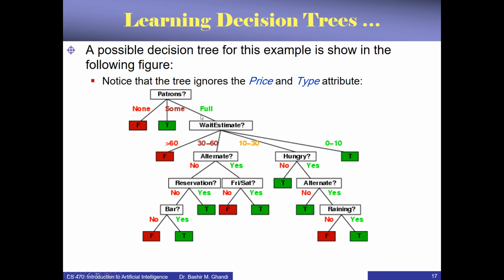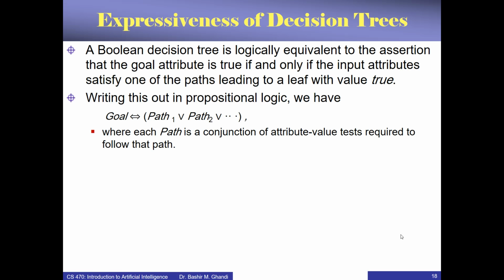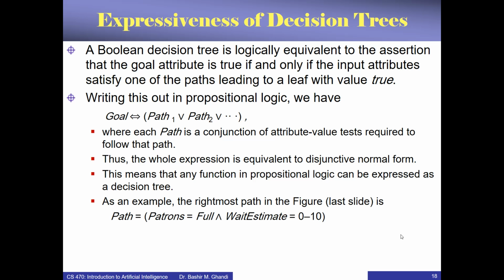This path from patrons to this true here is basically, as you can see, patrons is equal to full and wait estimate is 0 to 10. So this path can be represented in propositional logic as what we saw there. Equivalently, any logical expression can actually be represented as one of the paths in a decision tree.